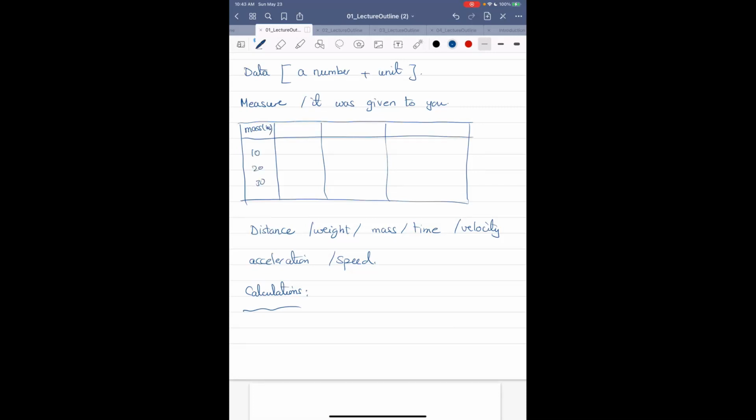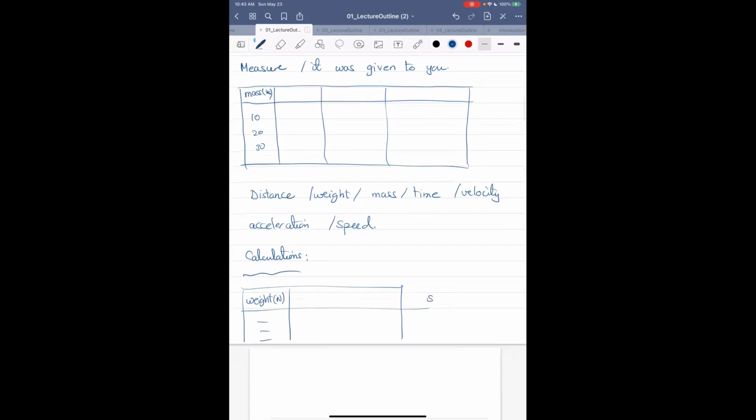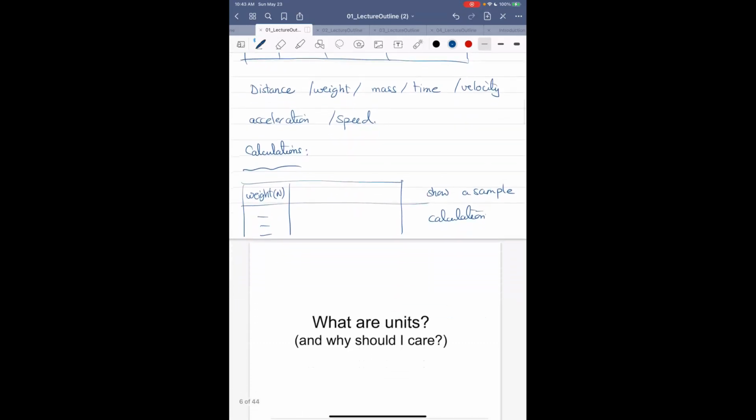Then you might also have weight. Let's say I want to calculate the weight, then I might have another table called weight, in newtons, and then I will calculate. I need to show also a sample calculation. This is just to show you all these physical quantities.